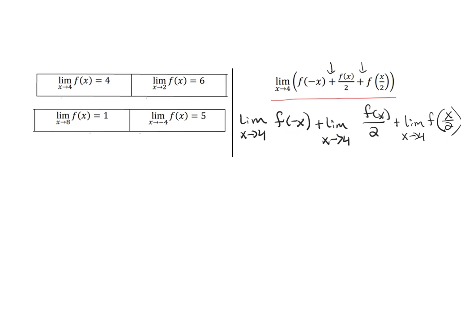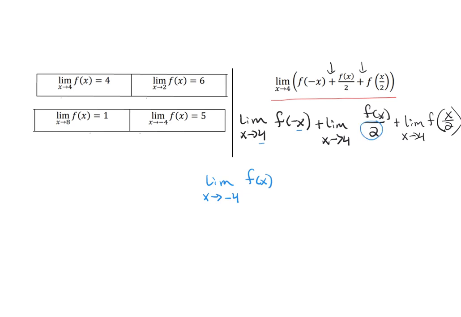What it's going to change is what you're approaching on your limit. So I want you to think about if you plug in 4 into the inner function, that becomes negative 4. So what it does is it's changing what you're approaching. The limit as x approaches negative 4 of f of x.